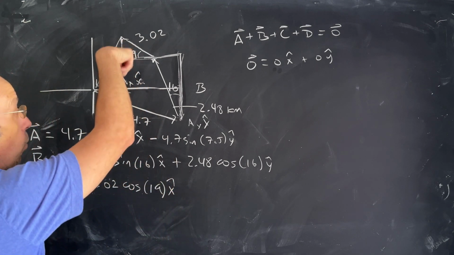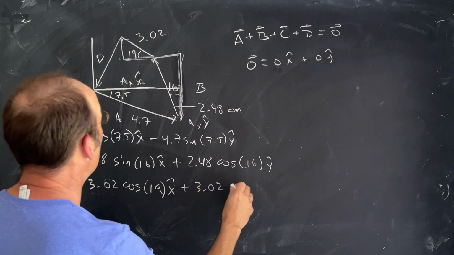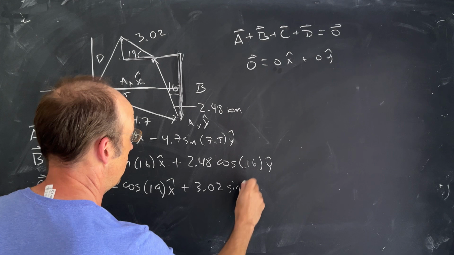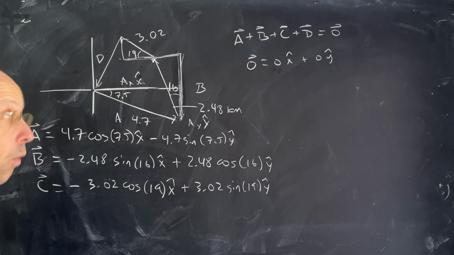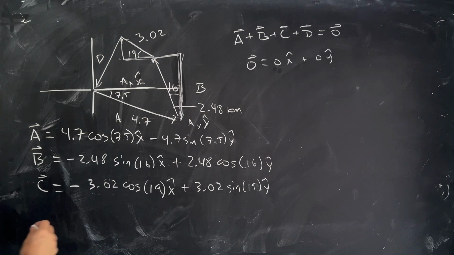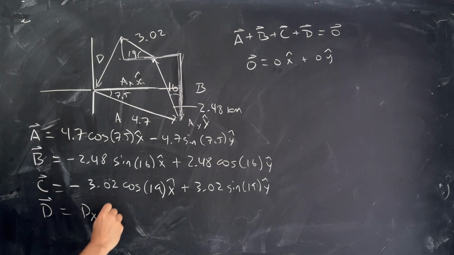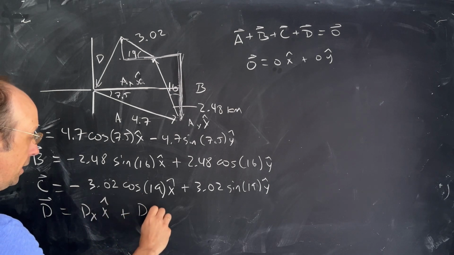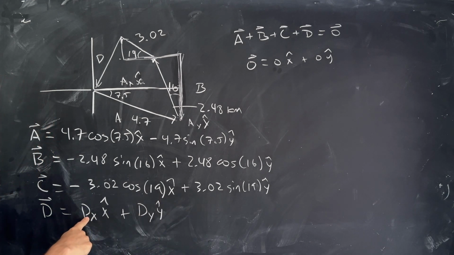And then this one's in the positive y direction, so plus 3.02 sine of 19 y hat. And again, we do not know the D components. We're going to find those. Okay, so I can write, if I want, and I do, D is D_x x hat plus D_y y hat. But I don't know D_x, I don't know D_y.